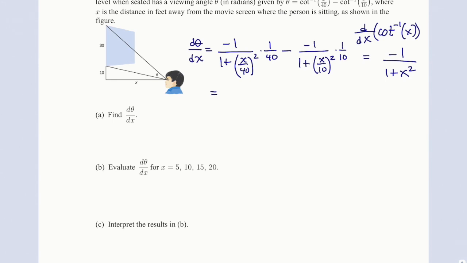I'm going to multiply this 1/40th with my first fraction, and that's going to give me negative 1 over 40 plus x squared over 40, because I have a 40 squared in the denominator, and that's getting multiplied with this 40. And then when I add the next term, I'm subtracting a negative 1, so I'll do plus 1 over 10 plus x squared over 10.